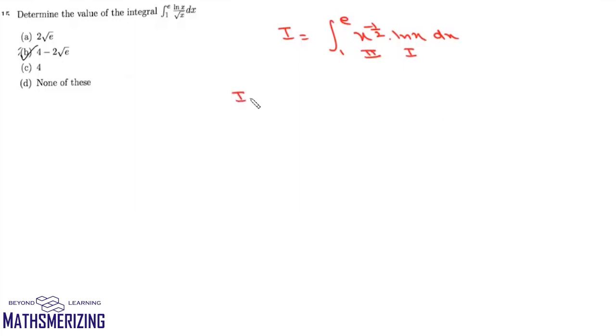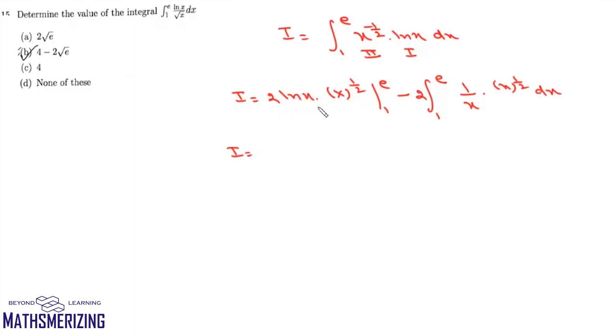So this integral will be, now first function as it is log X and then integral of second function. So it will be X to the power 1 by 2 into 2 from 1 to E and then minus integral from 1 to E, now derivative of log X is 1 upon X, and here it will be X to the power 1 by 2 into 2 dx.